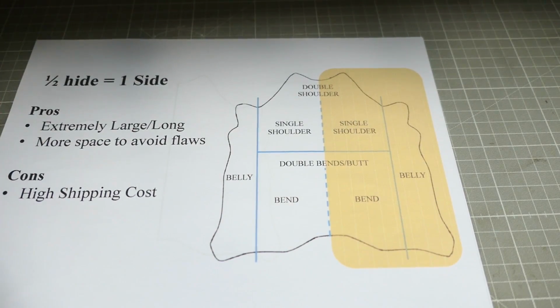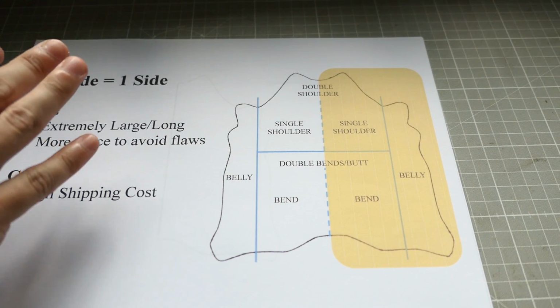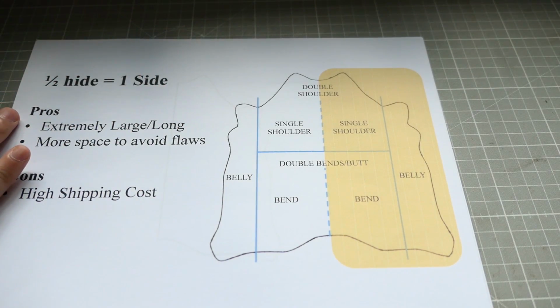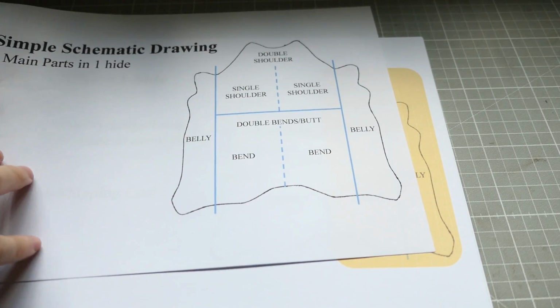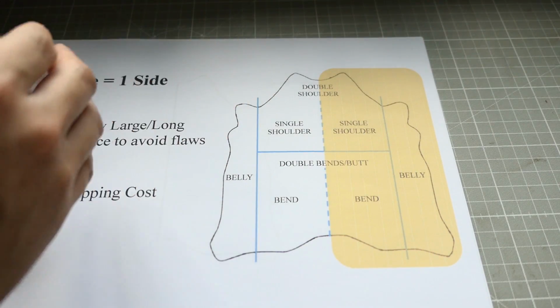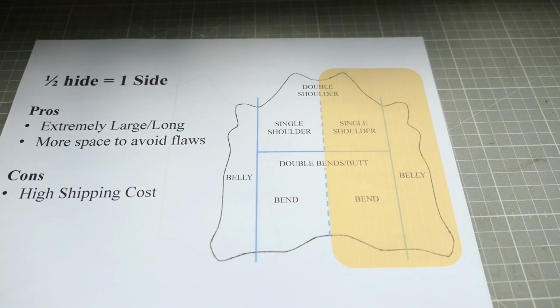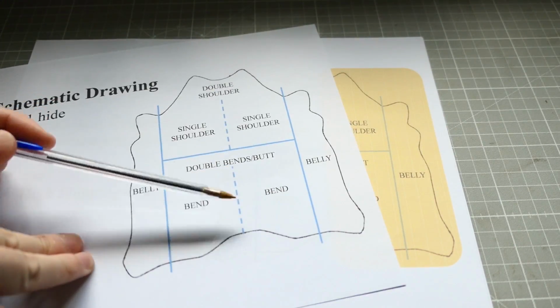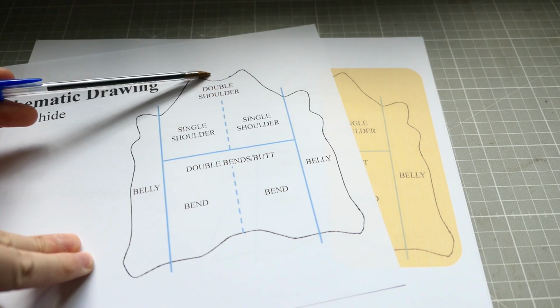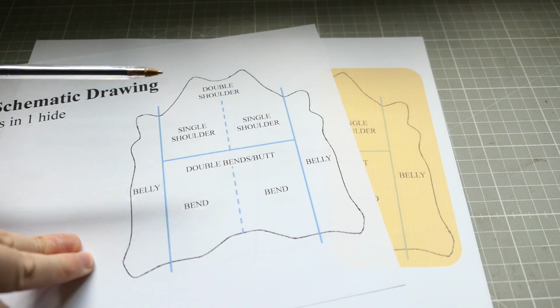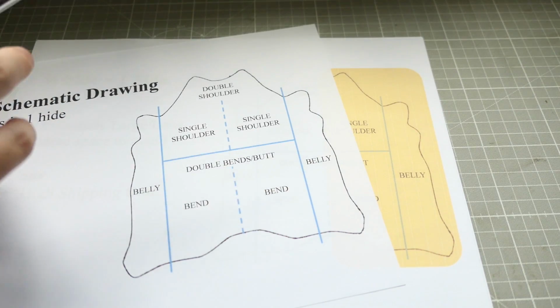So let's take a look at this half hide. If you buy one single hide, it looks like this, but they don't really sell that much. It's huge. From here to here, it could be 2.5 meters. From here to here, 2.5 meters. Also here to here, 2.5 meters.